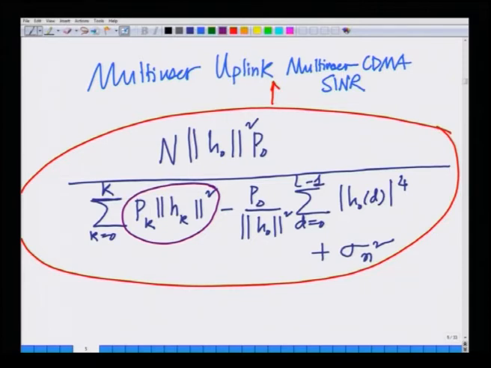Everything except this factor, Pk norm Hk square, is the same; that is what changes in the uplink. Hence, now we have analyzed both the scenarios, the CDMA multi-user uplink SNR and the CDMA downlink SNR. We now have a very convenient handle on the signal to interference plus noise ratio seen by a user on the downlink as well as the uplink in the CDMA system.